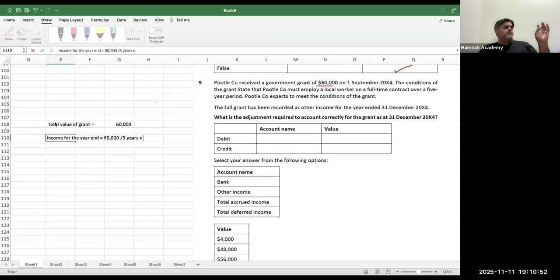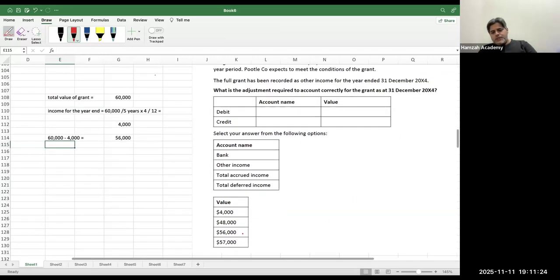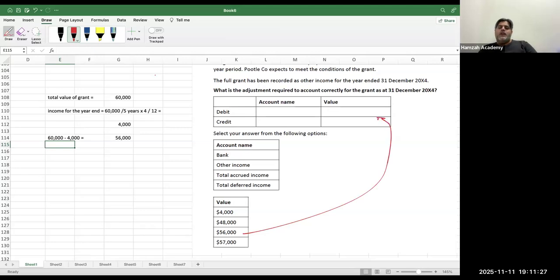So September, October, November, December, 4 by 12. 60,000 by 5 into 4 by 12. So that was 4,000 over here, right? So 60,000 minus 4,000 is going to be 56,000. Yes. So the value is going to be 56,000 over here in both.